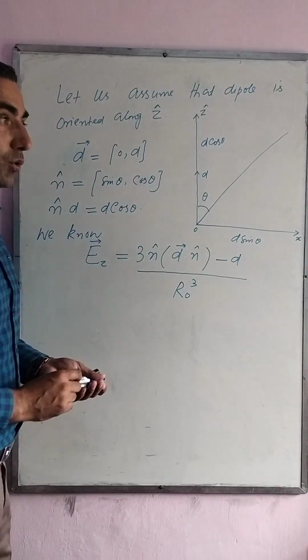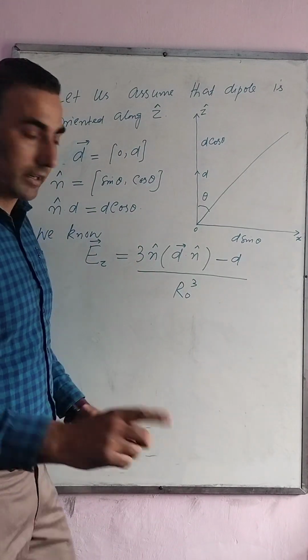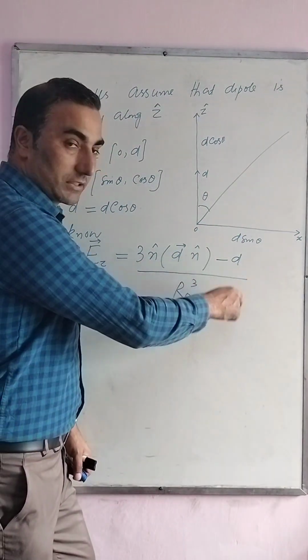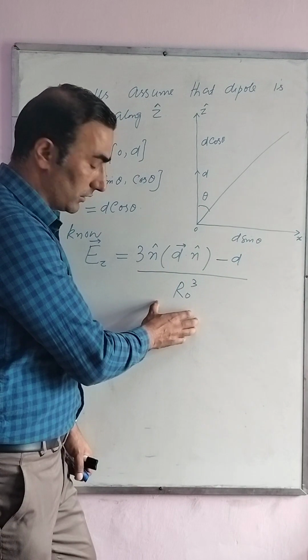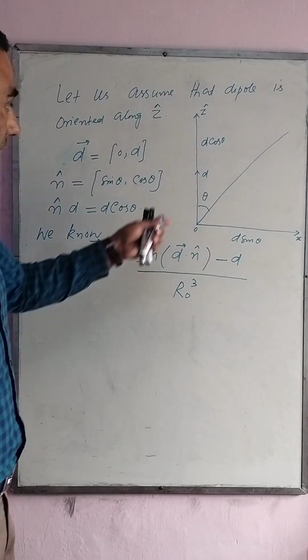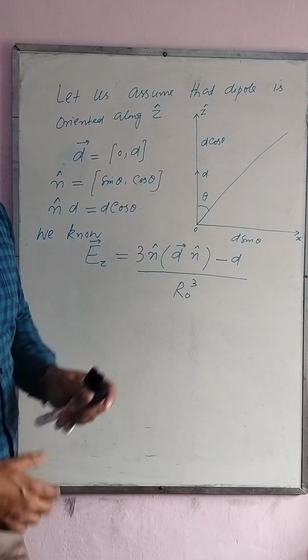If you check the earlier expression, where it was 3n d dot n by r naught cube minus d by r, you can combine these two terms, in the denominator you have r naught cube. Okay, so this is the electric field intensity which is aligned along the z direction.